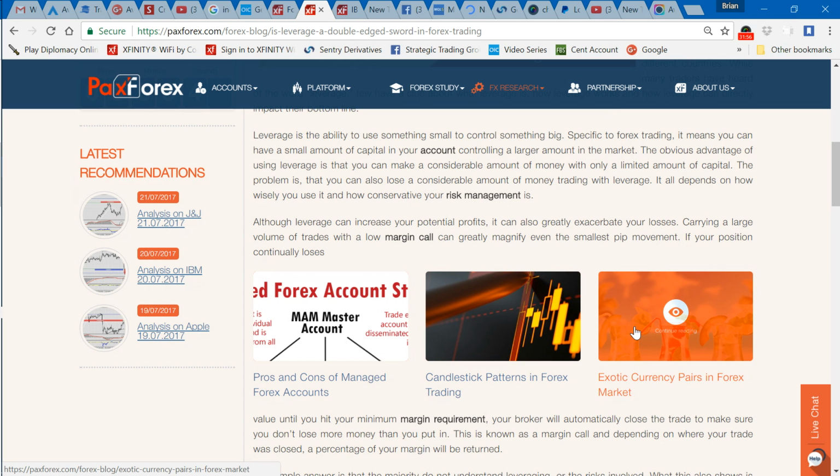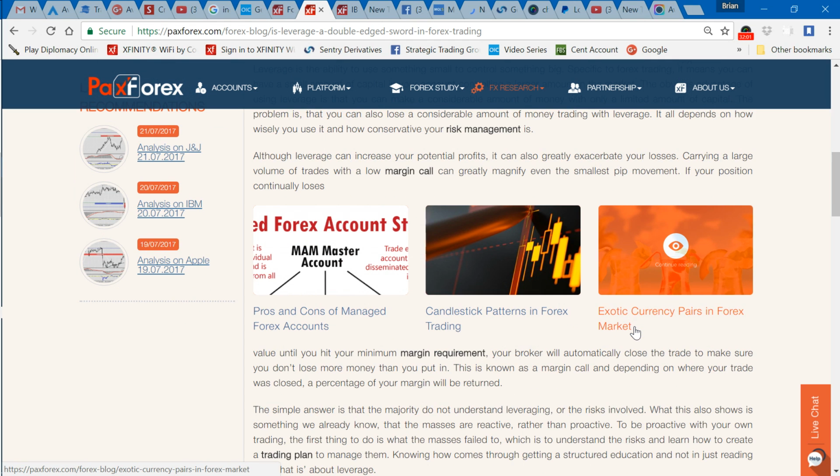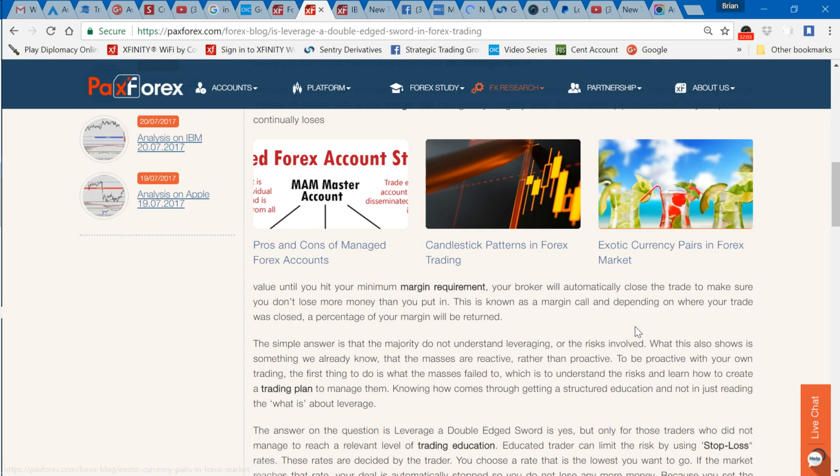If your position continually loses value until you hit your minimum margin requirement, your broker will automatically close the trade to make sure that you don't lose more money than you put in. This is known as a margin call. Depending on where you trade, once it is closed, a percentage of your margin will be returned.